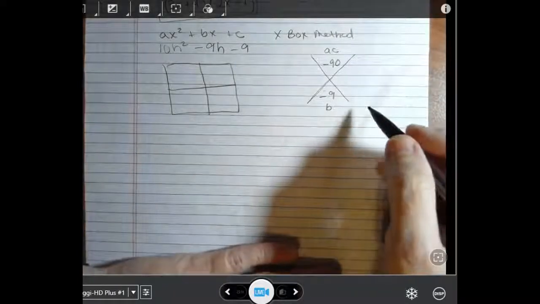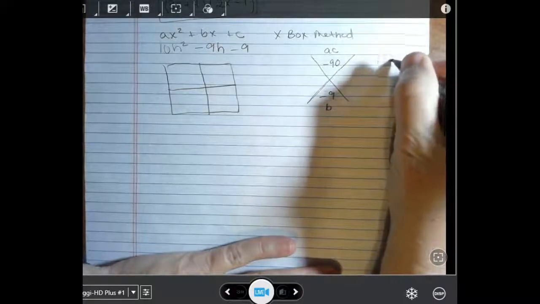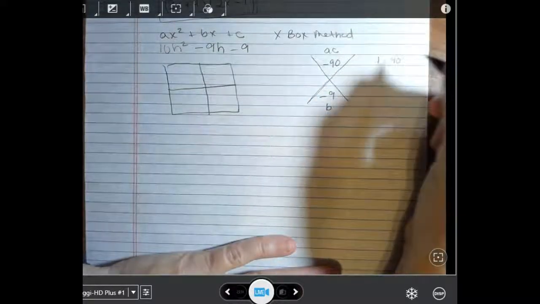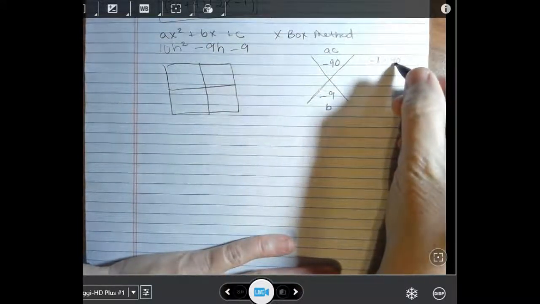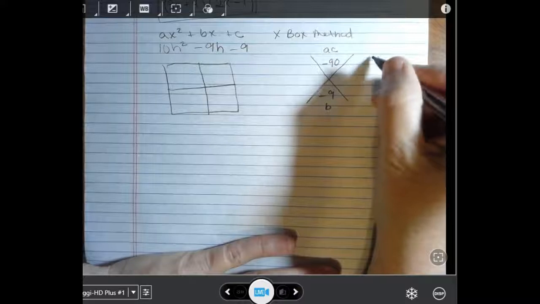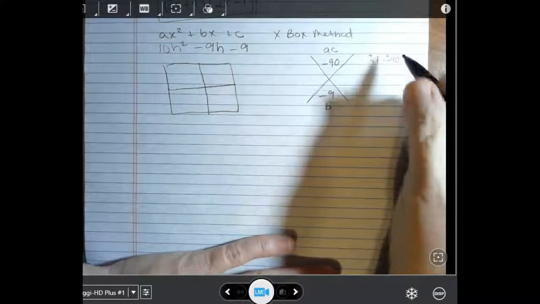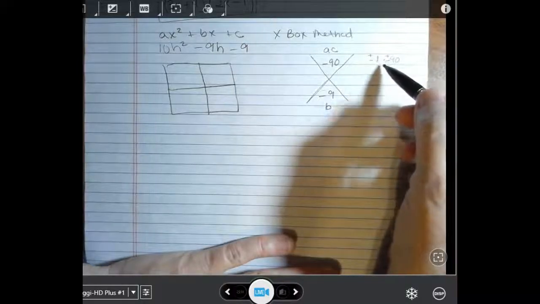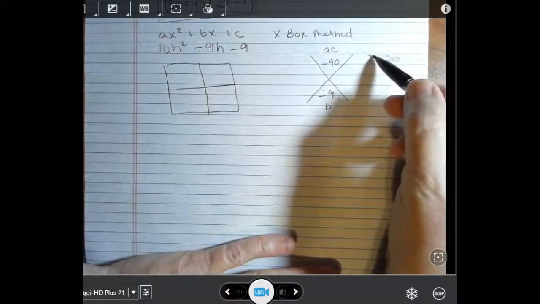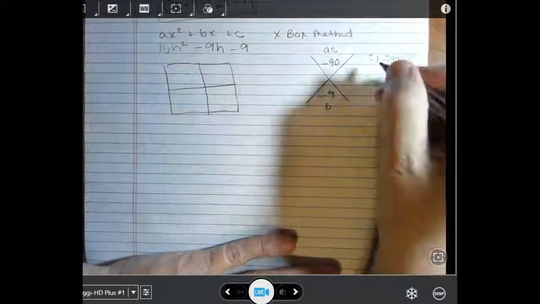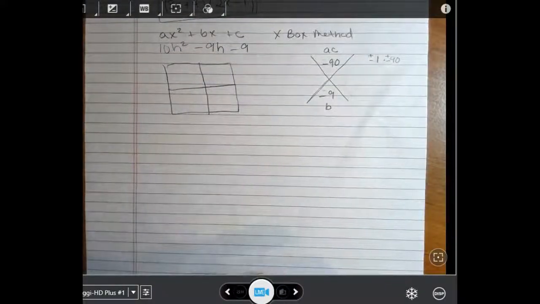So we can look at this and say, okay, I could have negative 1 times a positive 90, or a positive 1 times a negative 90. Instead of writing them twice, I'm just going to do it this way. So we're going to look and see how many of these we have.